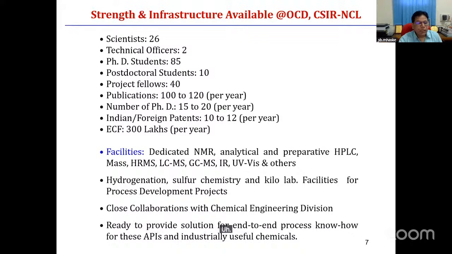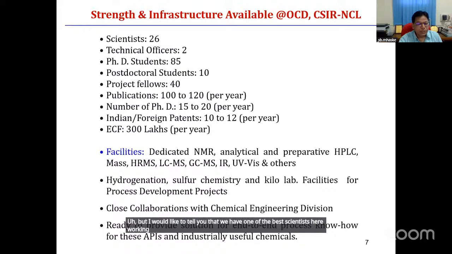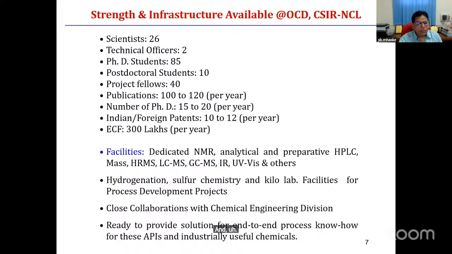But I would like to tell you that we have some of the best scientists working in the organic chemistry division, best known organic chemists. And we publish at least 100 papers per year. We also file patents and earn ECF of 300 lakh rupees per year.